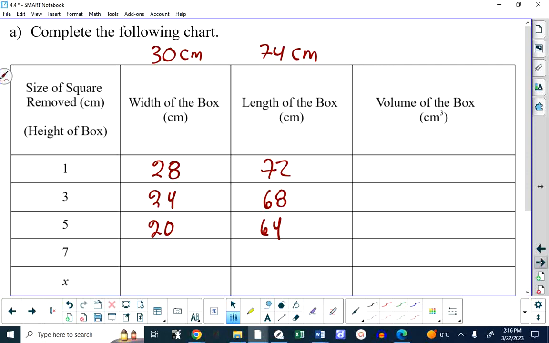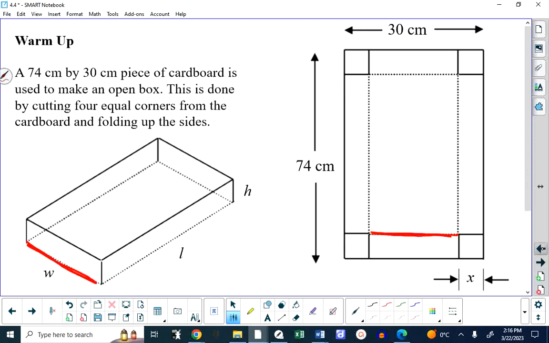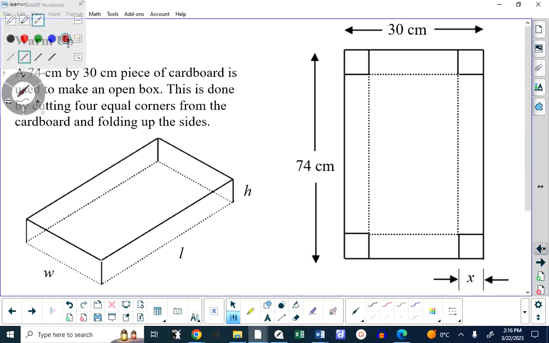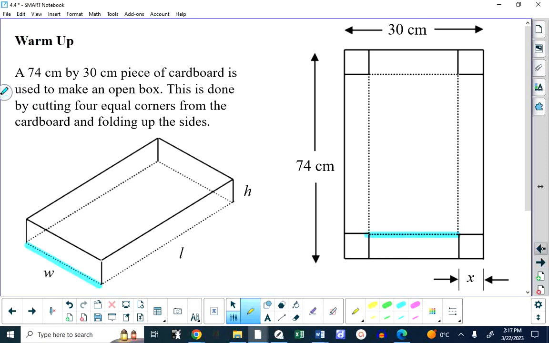By the way, the height of the box, if it's not clear, I'm going to go back to my diagram here. The width of this box, and we're talking width and length and height here because we're after volume, is that, which is found by taking 30 minus 2 of the cuts.